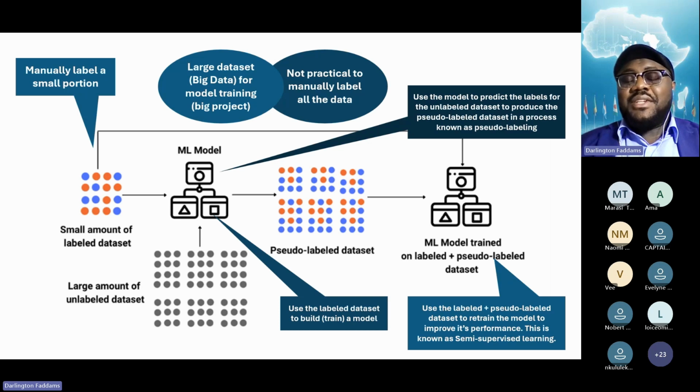Now, before we train on our pseudo data set, we will actually make sure the model is quite good before we use it for that training. And so what will happen is that most of them will be right if it is done well. And all of that will now become new data.